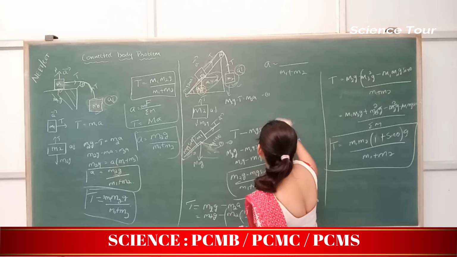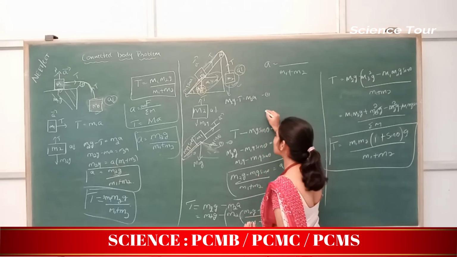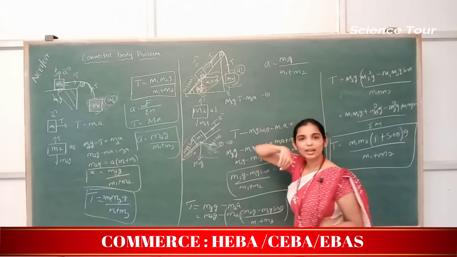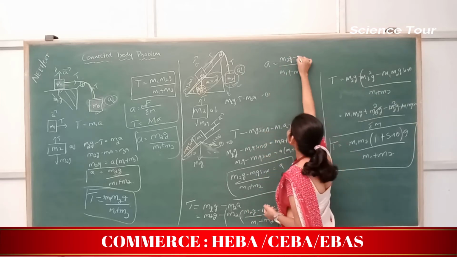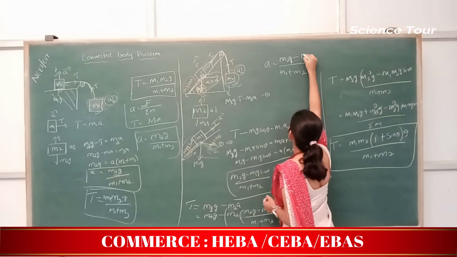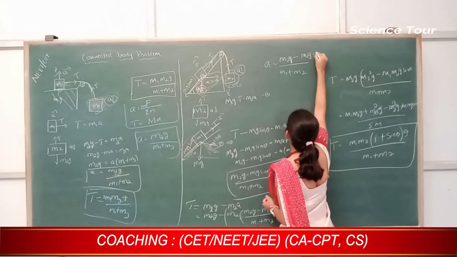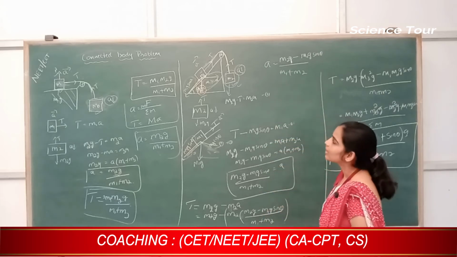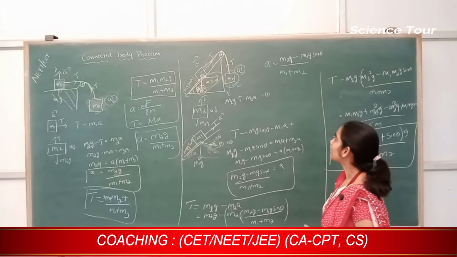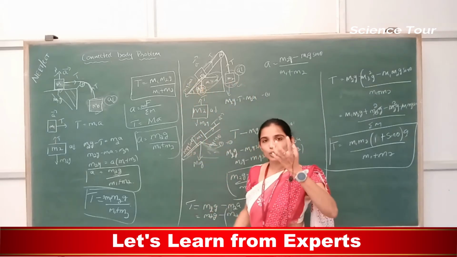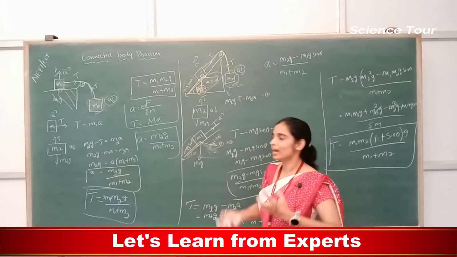So the net force means what? m2 g, the weight of m2, minus m1 g sin theta, the component of the weight of m1. Only those two forces are responsible for acceleration.